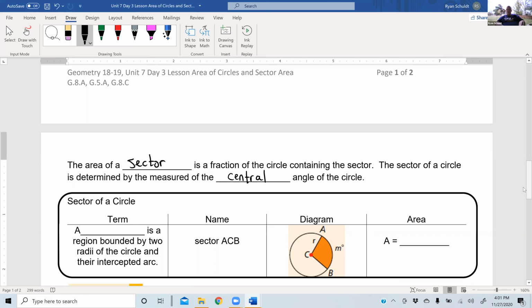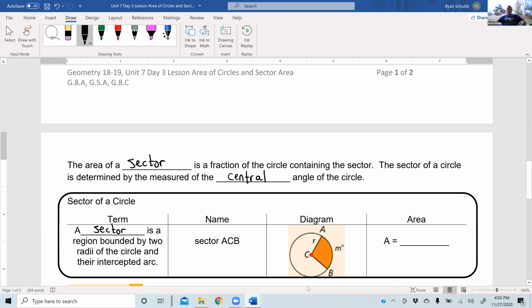So let's put this in a formal definition. A sector is a region bound by 2 radii of the circle and their intercepted arc. So think of it like a slice of pizza. It's a slice of the pizza.